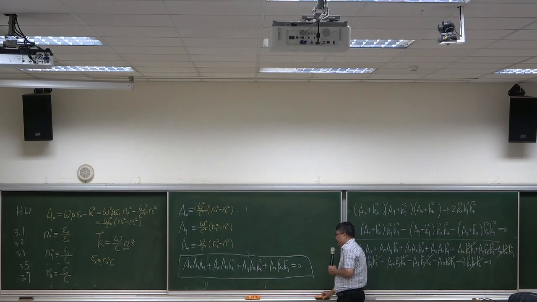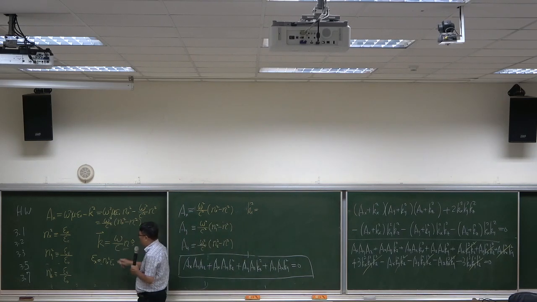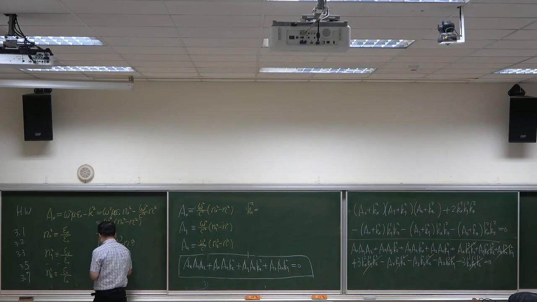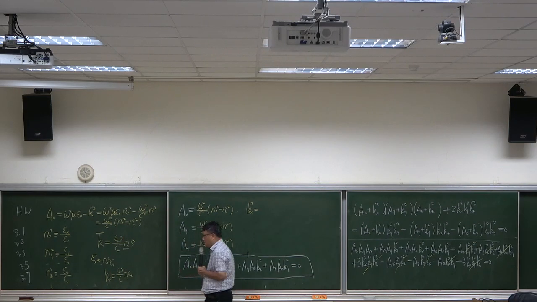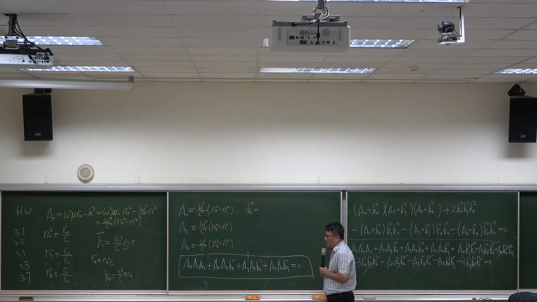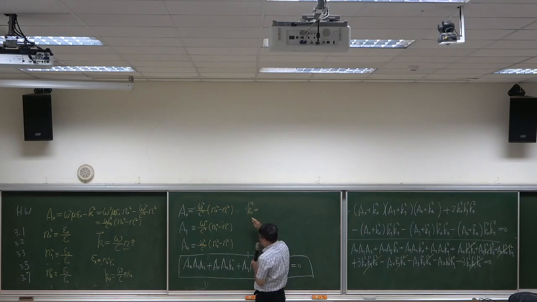So you see kx squared. What does kx squared mean? kx is omega over c times n times sx. Here sx is the x component of the s vector. S vector is a unit vector along the propagation direction. So kx squared is omega squared over c squared times n squared times sx squared.